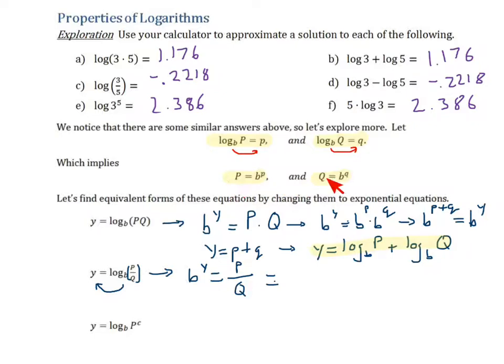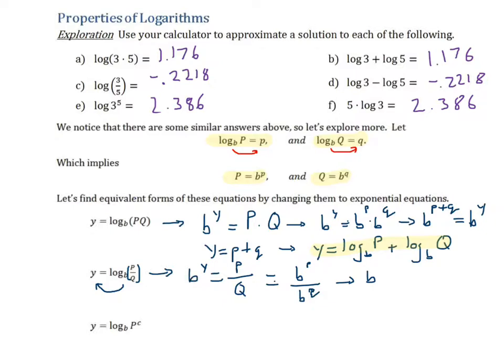Capital P is b to the p. Capital Q is b to the q. So we have b to the little p over b to the little q. But we know from our exponent properties that when we divide powers with the same base, we just subtract the exponents.